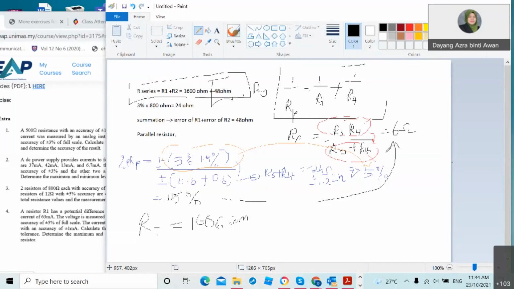This one, the 5% of RP, you need to change it to the real value sebab you buat summation. So you have 48 ohm, plus what is 5%? 6 apa tadi? 6 ohm plus minus 15%. 15% daripada 6 ohm.